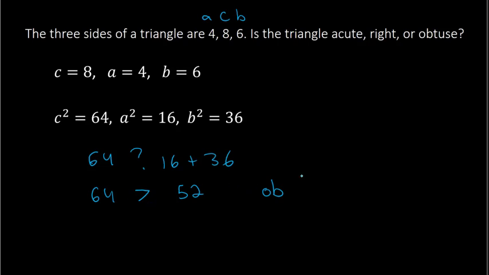So because it's bigger than a squared plus b squared, the angle is bigger than 90, which makes the triangle obtuse. So we have an obtuse triangle, which would look something like this, where we have one obtuse angle, and our lengths would be something like 8, 4, and 6.